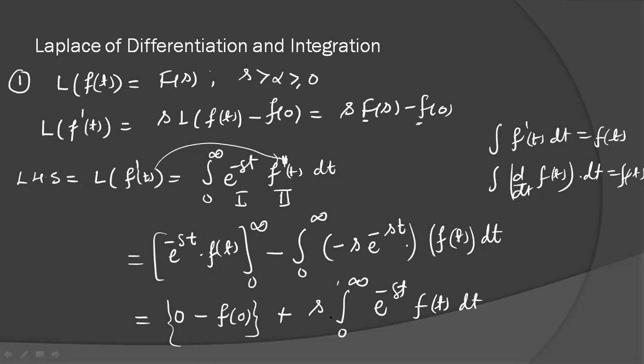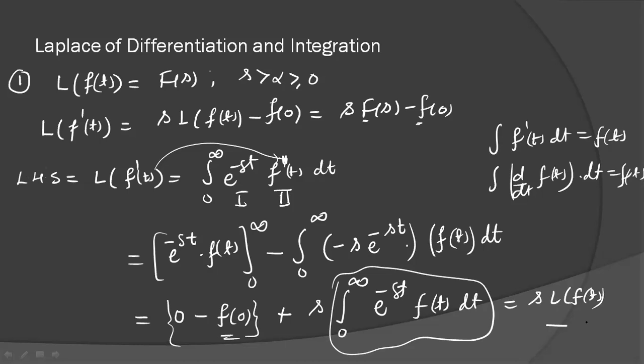So can you tell me what is this? This is the Laplace of f(t) only. So s into Laplace of f(t) minus f(0). Remember, f(0) is important here. So you can write s F(s) minus f(0) also. This is the proof for the first derivative. For the second derivative you have to use integration by parts 2 times, and for the nth derivative you can use mathematical induction to obtain the main result.